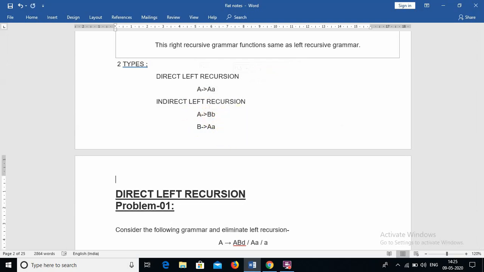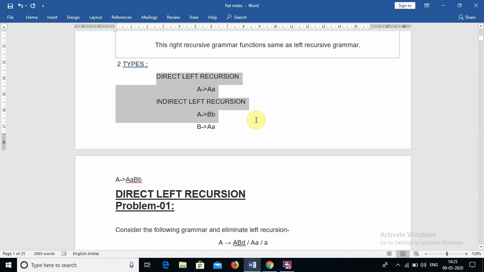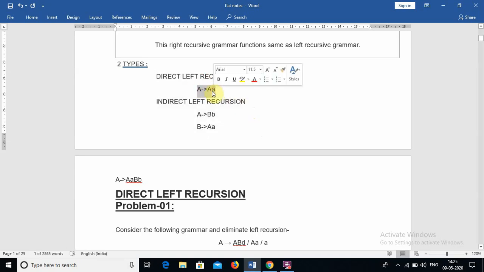A to B, and we have B. By combining these two, we will get this one. So this is obviously direct left recursion, right? So left recursion has two types: direct and indirect. In direct left recursion, we have a direct leftmost symbol on the RHS, whereas in indirect we have an indirect way of left recursion.